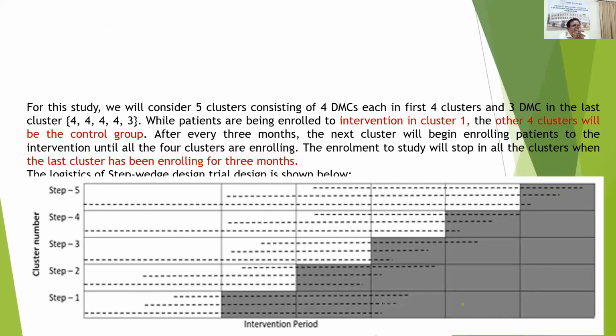After every 3 months, the next cluster will begin enrolling patients to the intervention until the 4 clusters are enrolling for the control group. The enrollment of the study will stop in all the clusters when the logistics of the stepwise design trial are completed.